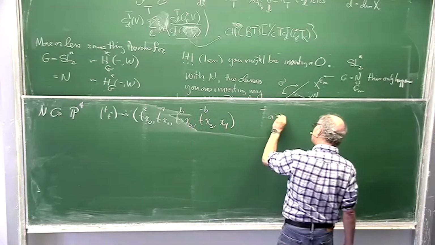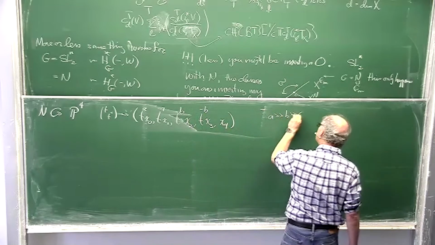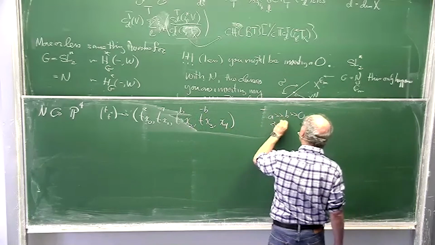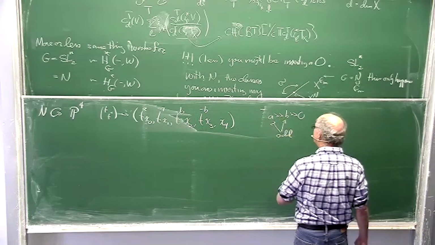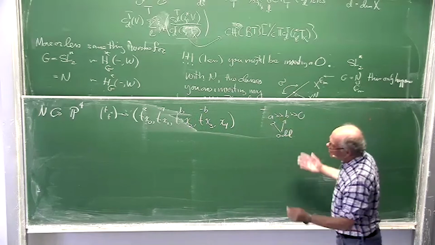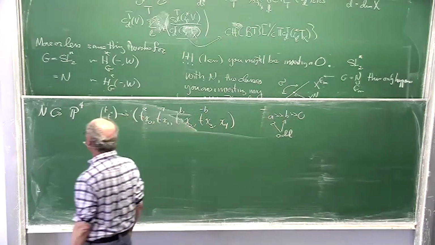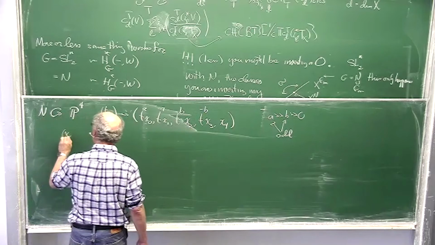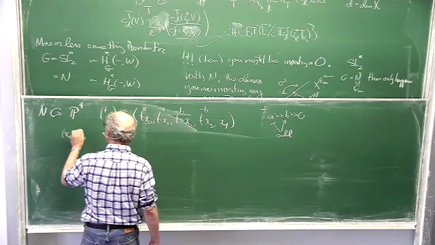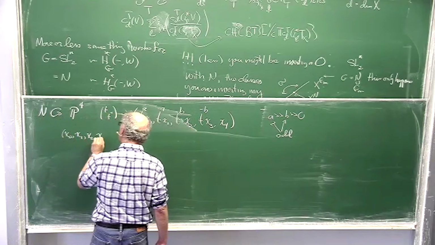Let's assume that a is much bigger than b, which is much bigger than 0. And for reasons which I haven't gotten a chance to explain, let's assume that these are both odd integers. Yeah, that's the way it is. And then, of course, sigma acts by the obvious thing, just by the matrix it has to act by.